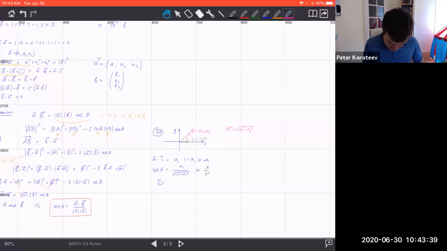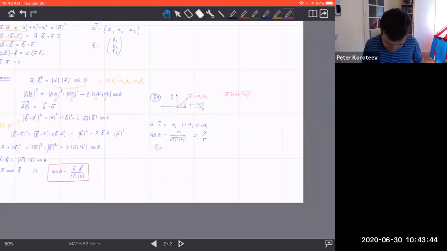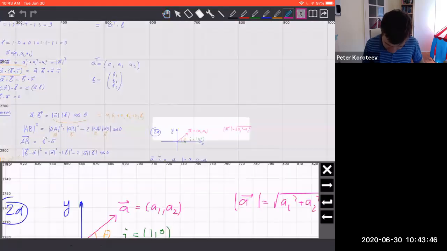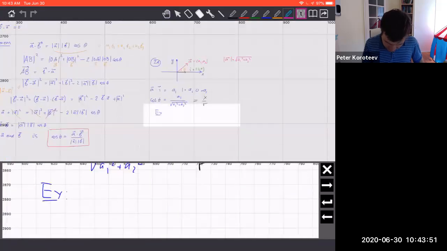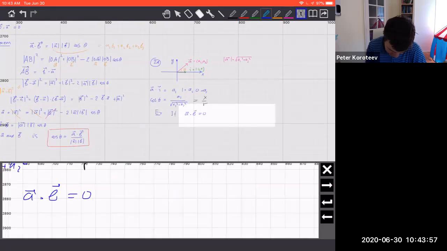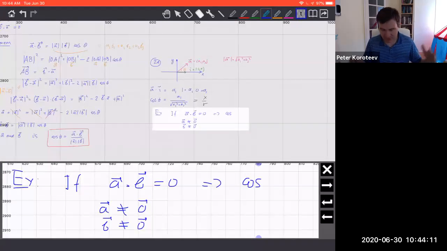Now, in this example, if the dot product is 0, what does it say, right? If it happens that a dot b is equal to 0, then from our formula the cosine, assuming here that a is not a 0 vector and b is not a 0 vector, because if they are, everything is just 0, right?